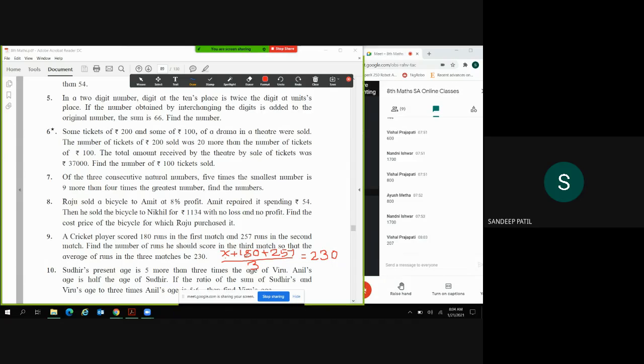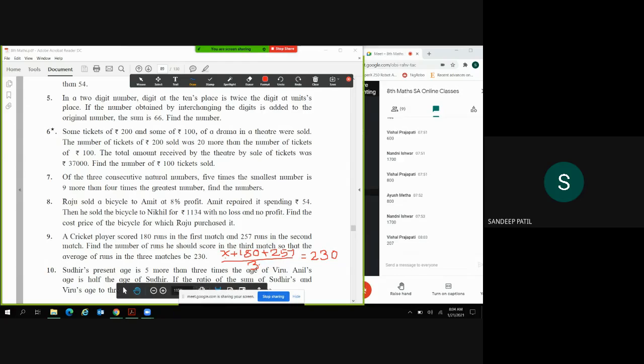So if you are finding any difficulty, any doubt or any question, you can type in the chat box. So आपको कोई भी डिफिकल्टी लग रही है, so please write in the chat box.